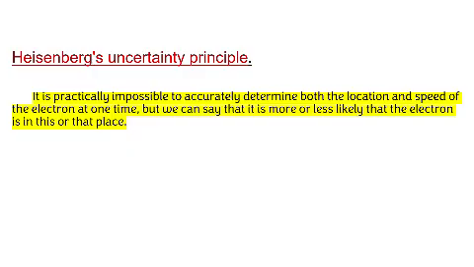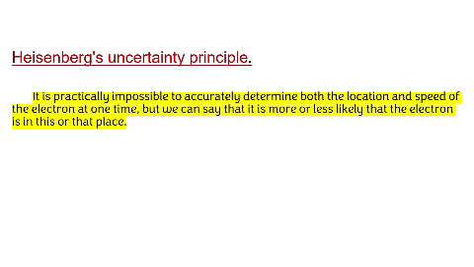What was the misconception of Bohr, which was corrected by Heisenberg in his uncertainty principle? Bohr decided that it is practically possible to determine the location and the speed of the electron accurately around the nucleus, and this is practically impossible.